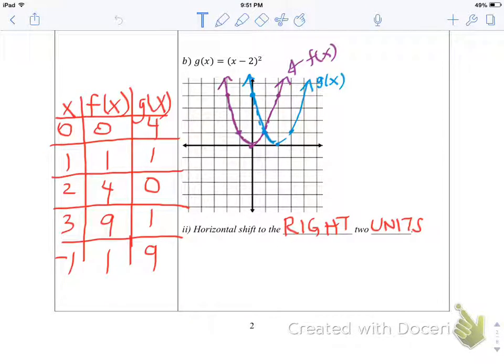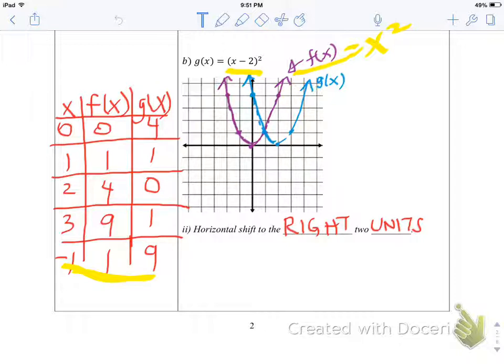For part b, it's x minus 2, squared. Our parent graph is still x squared, and we still plot values, and I would plot values just to make sure you're okay. Now from the parent graph, it looks like we took our graph and shifted over horizontally 2 units. That's interesting. It's that x minus 2.